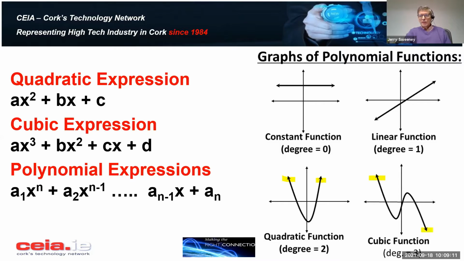Now, because of the number of twists in the graph, a cubic expression is capable of crossing the axis in up to 3 places.